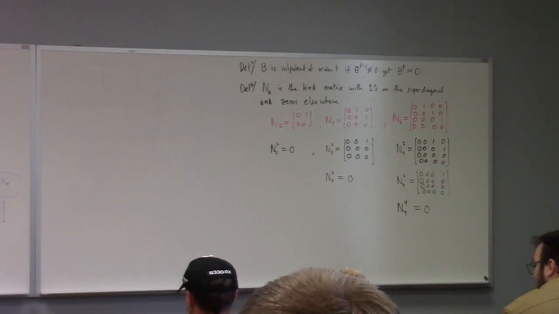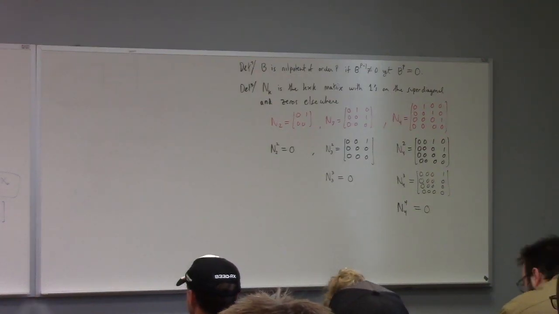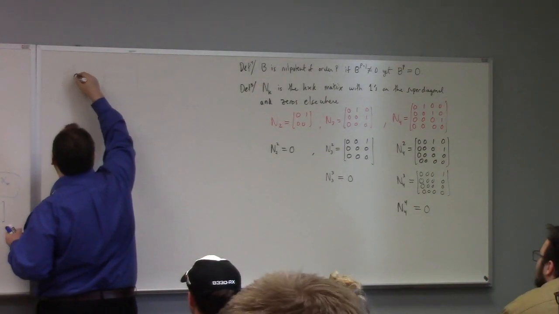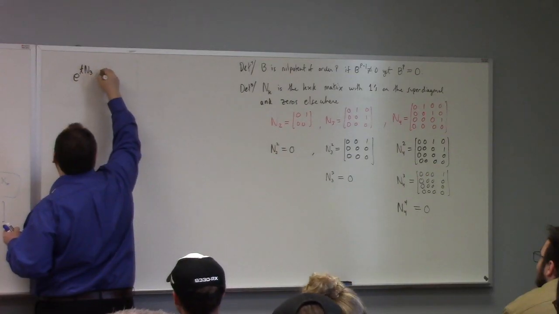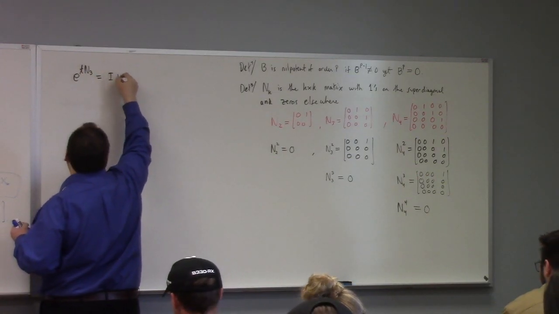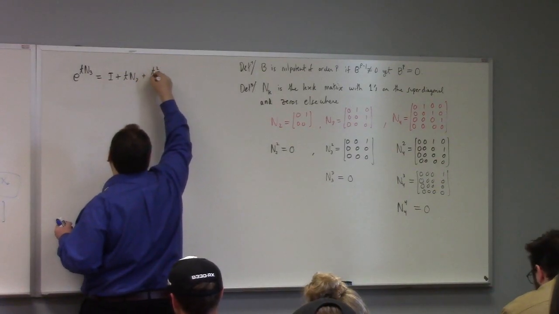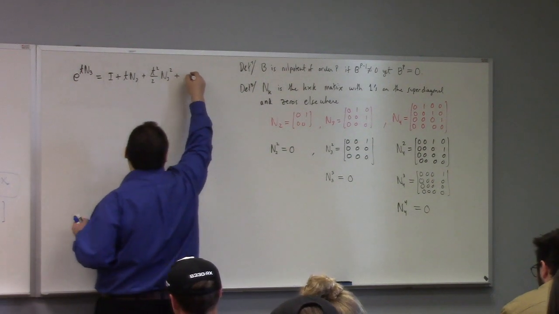What happens if we take e to the t n k? What happens there? Well, let's do just 3. So we've got I plus t n 3 plus t squared over 2, n3 squared, plus 0.